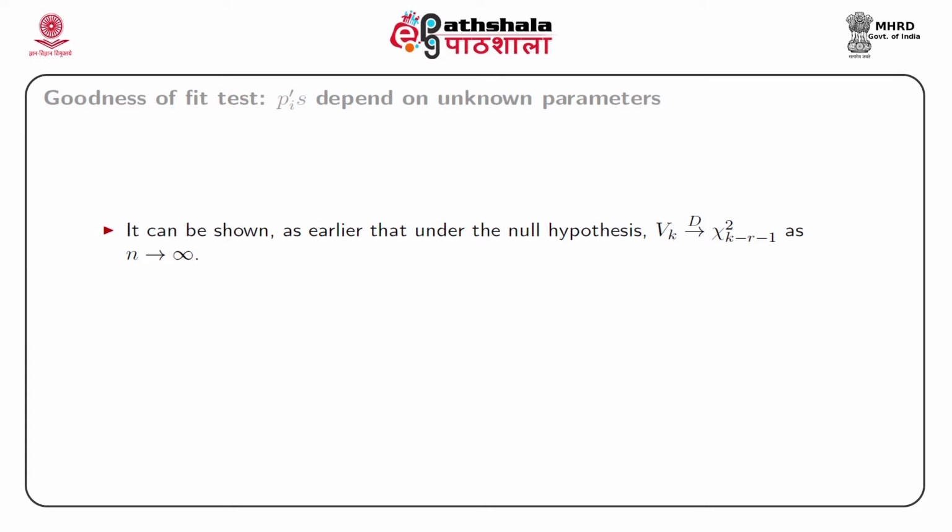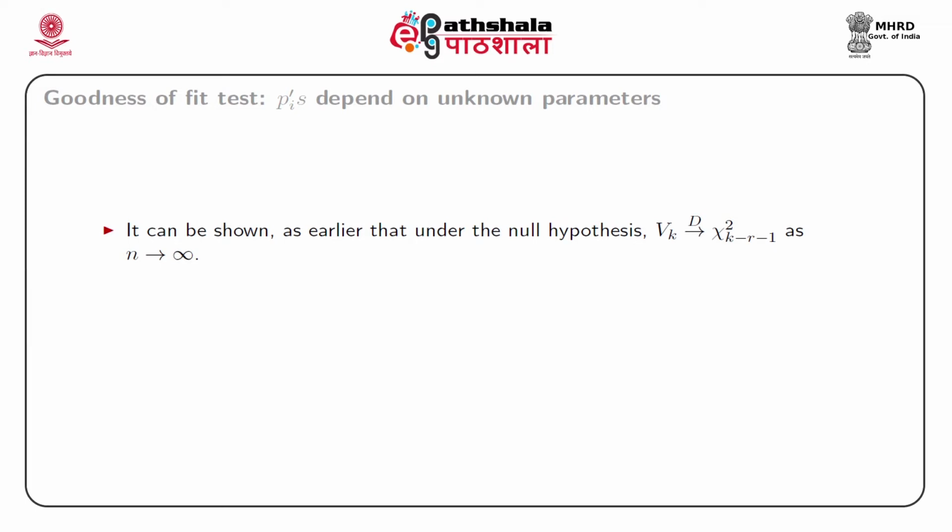So, it should be noted that in our previous case we get some chi-square statistic having k minus 1 degrees of freedom, and in this case we get degrees of freedom as k minus r minus 1. So, this reduction is due to the fact that we have estimated r unknown parameters, and thereby we get r linear restrictions, and hence the degrees of freedom for the chi-square variable is reduced.